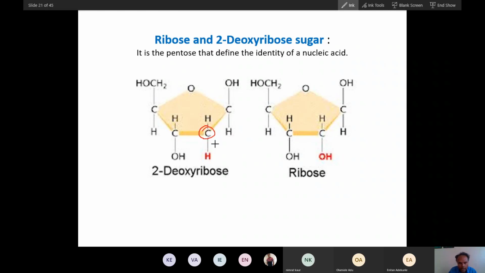So there is no oxygen at the second position in this sugar. So this is called deoxyribose. Only hydrogen is there. This sugar is present in RNA, where you can see oxygen is there, OH is there. So ribose and deoxyribose is one of the very big differences.